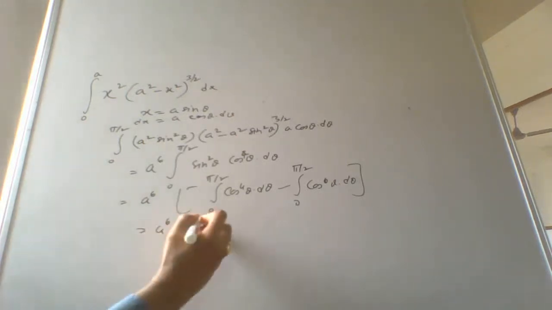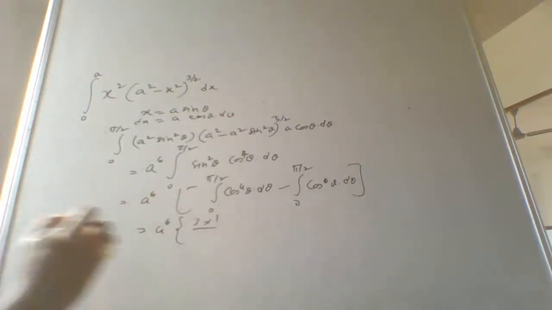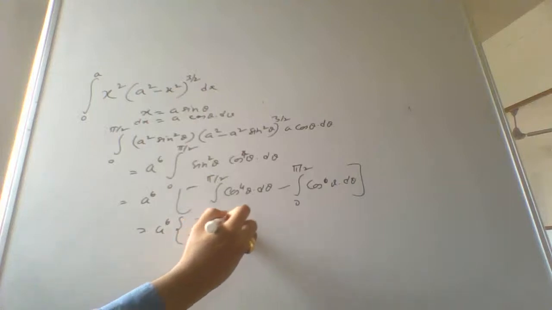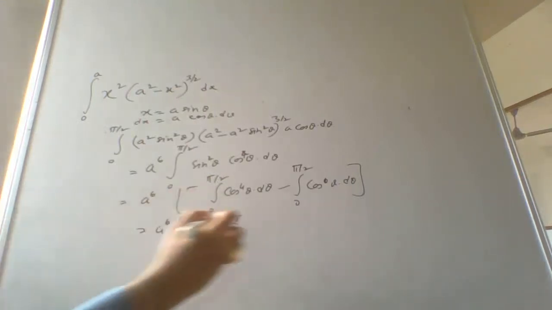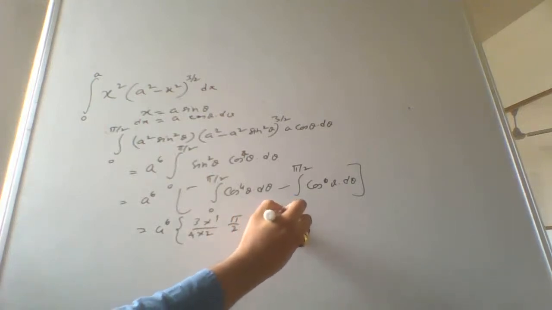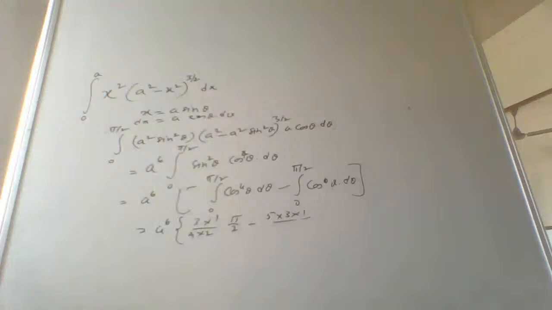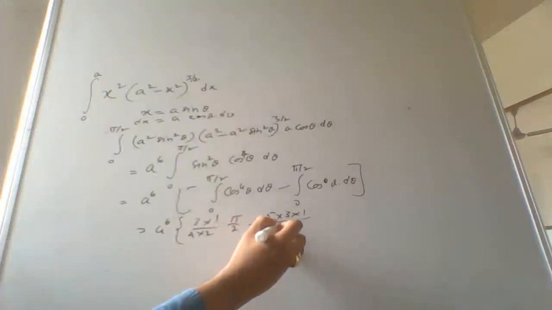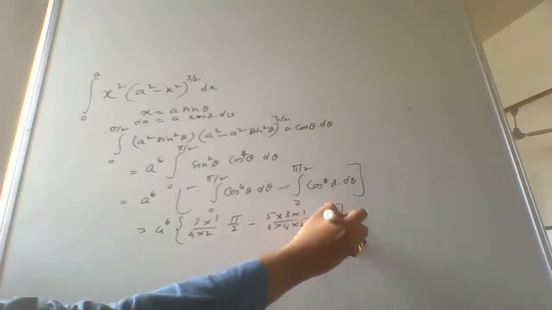So this would be 3 into 1 divided by 4 into 2, times pi by 2, minus 5 into 3 into 1 divided by 6 into 4 into 2, multiplied by pi by 2.